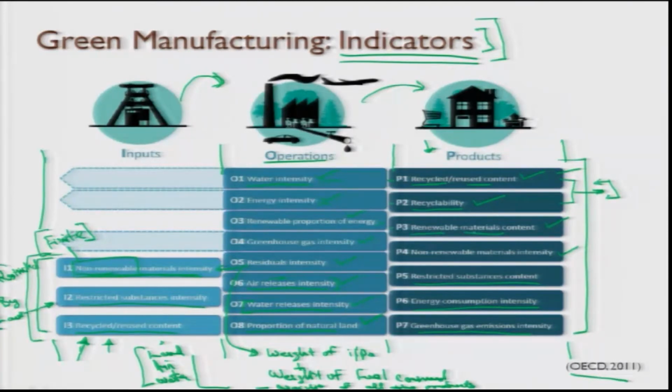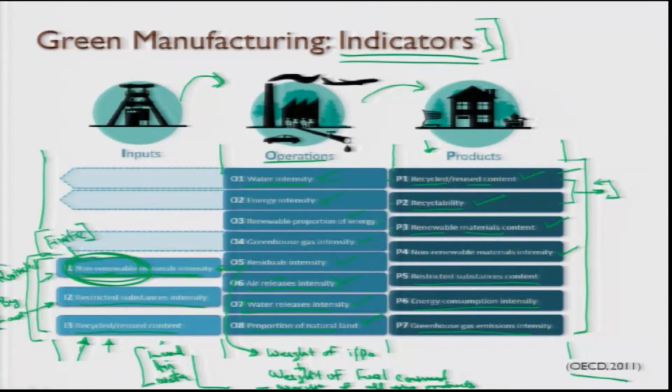Now, by renewable materials content, what we mean is how much of the material can be renewed. This is an indicator very similar to the one described in this portion, renewable material intensity. What is our non-renewable material intensity here?